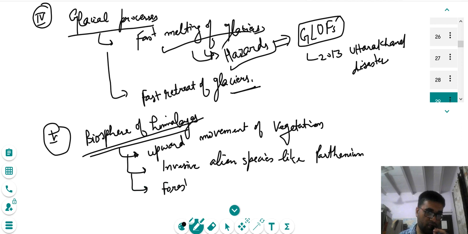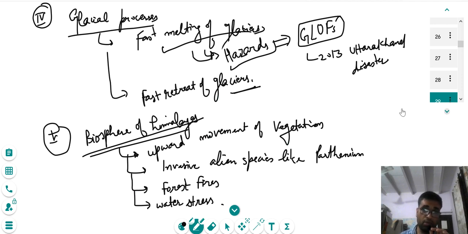We are witnessing increased forest fires, water stress. So all these are the impact on the biosphere of Himalayas because of global warming.